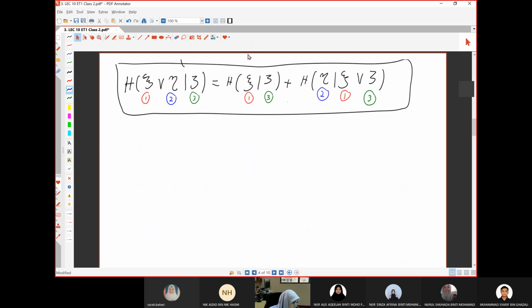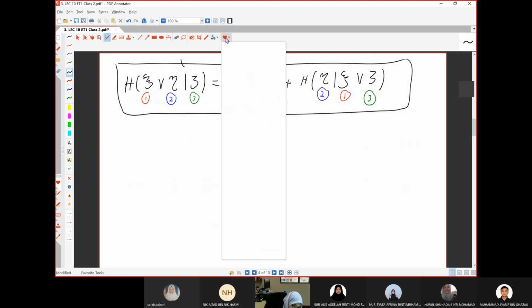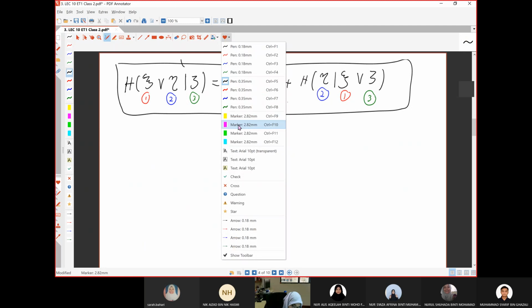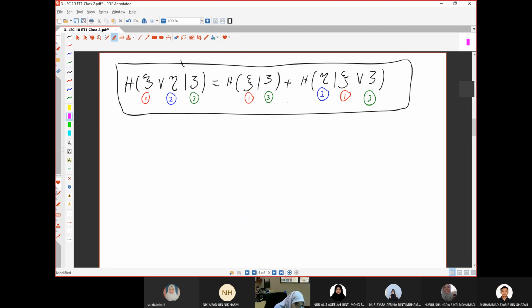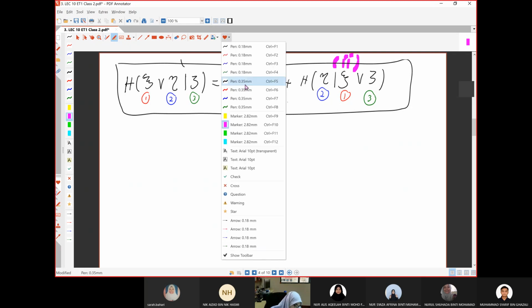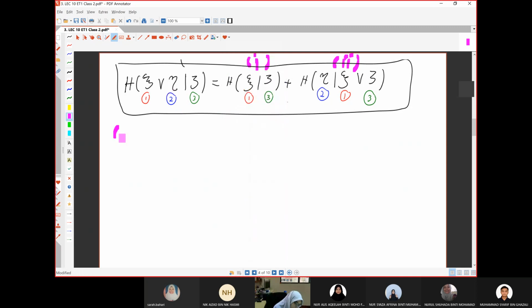Kita cuba show the left hand side is equal to the right hand side. First I divide this formula into two parts. This one I call first, this one is second. First term and second term.